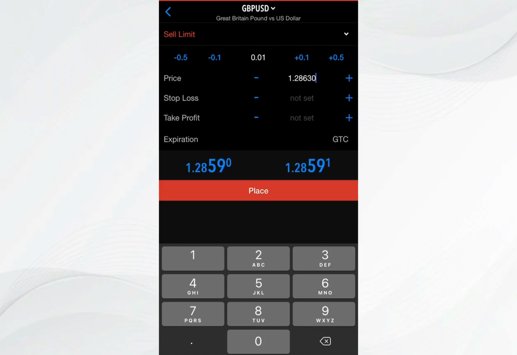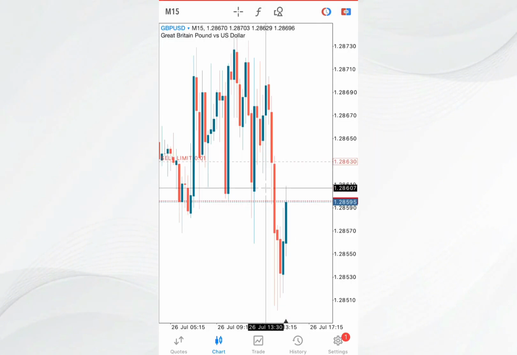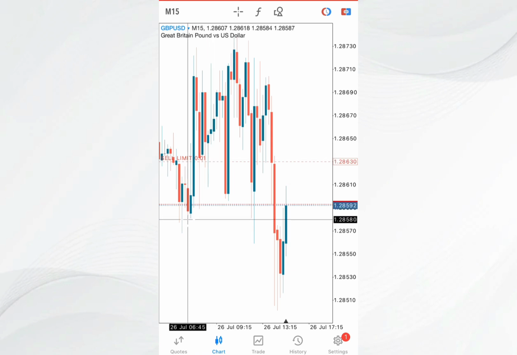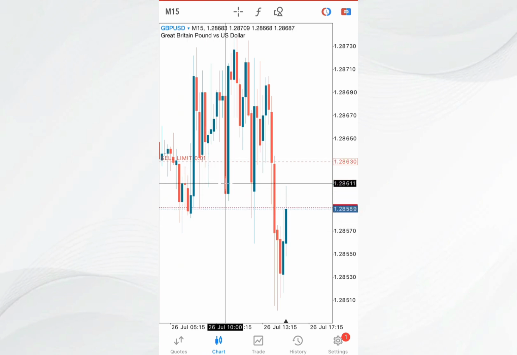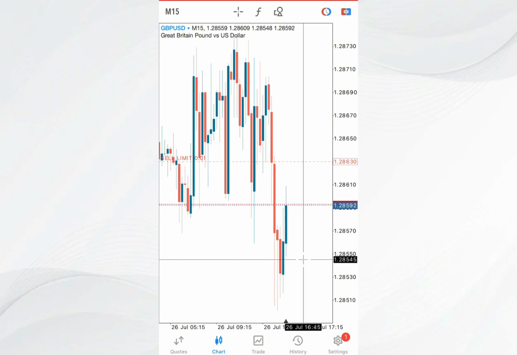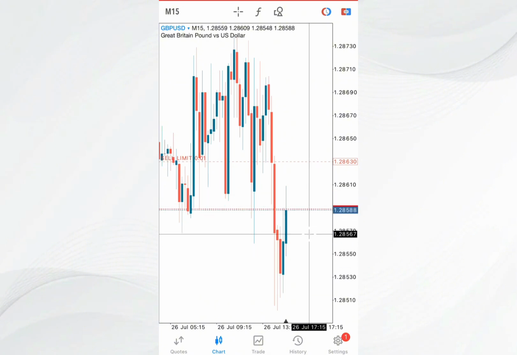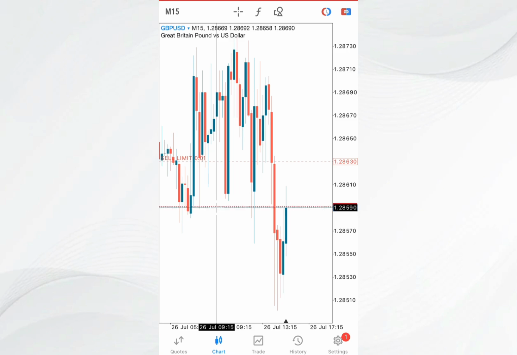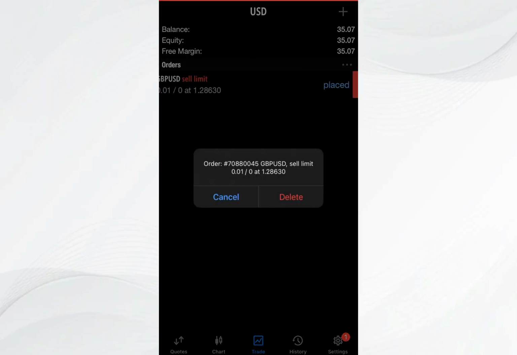Okay, and you put your stop loss, you put your take profit. So when I do this, you come to this place, you see sell limit order is being placed. So when price gets to this point, 1.28630, I'm expecting it to start dropping back to the downside. So that's for the sell limit.